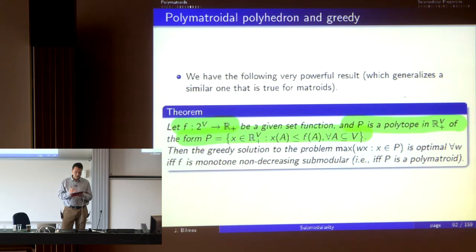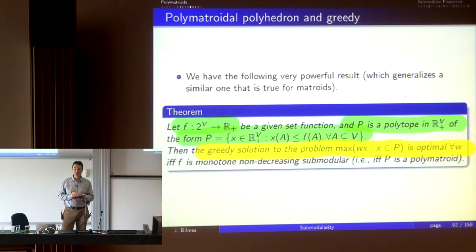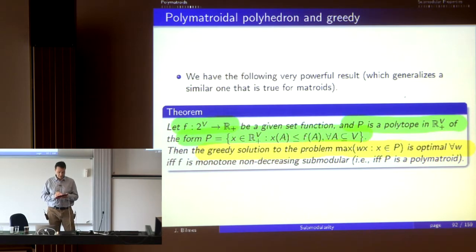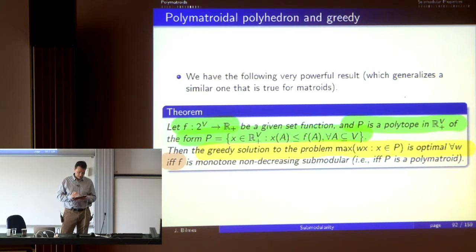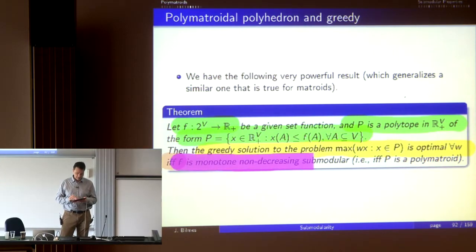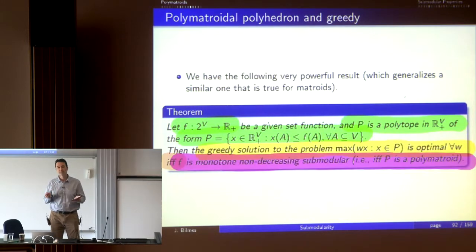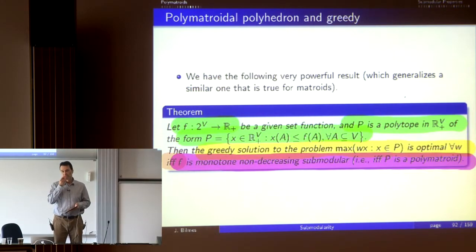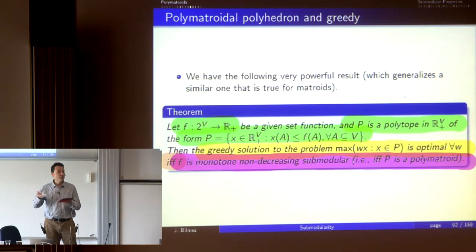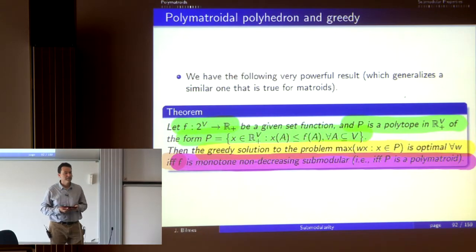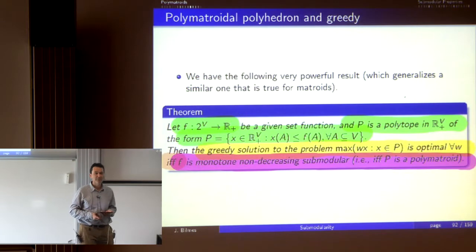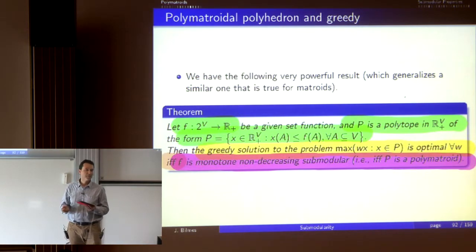But what the theorem states is that the greedy solution, the thing that we just outlined, for this exponentially large linear programming problem is optimal for all W if and only if the function f is monotone non-decreasing submodular, or in other words, if f is a polymatroid function. So greedy and polymatroidality, or greedy and submodularity, in some sense go hand in hand. The notion of greediness from the perspective of solving these linear programming problems is identical to the notion of polymatroidality.